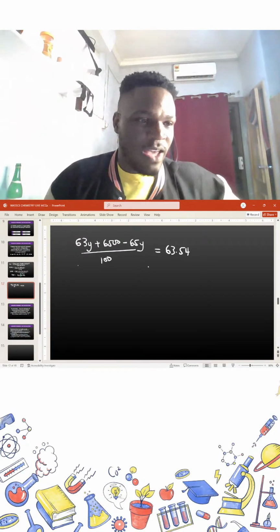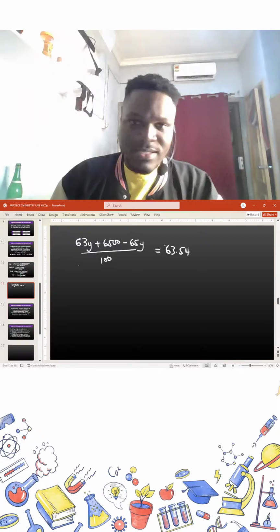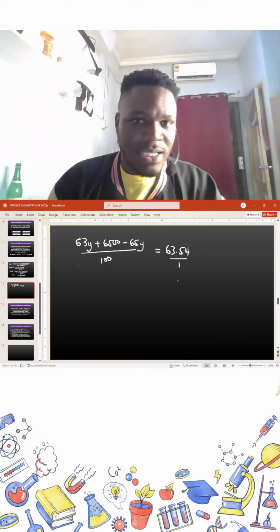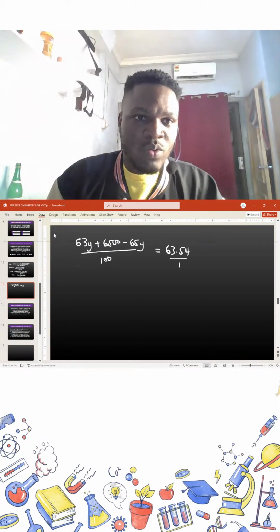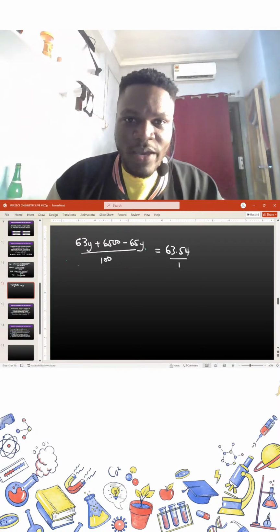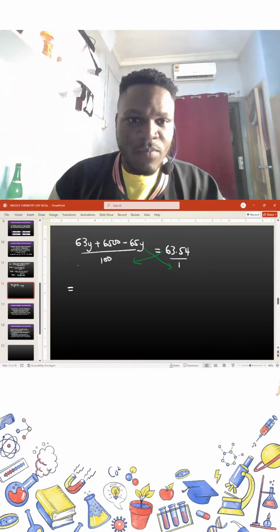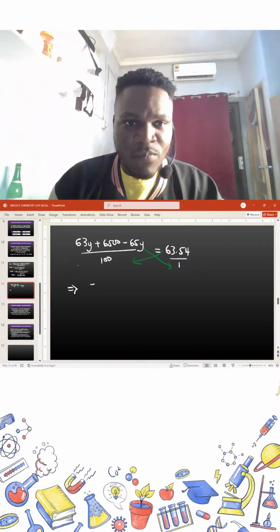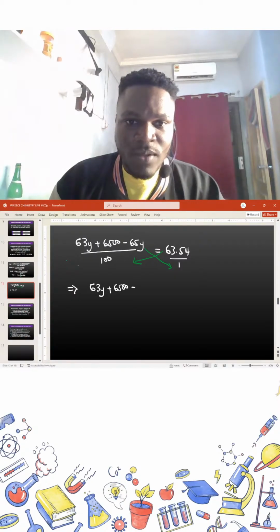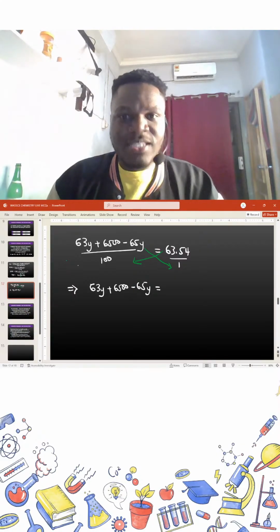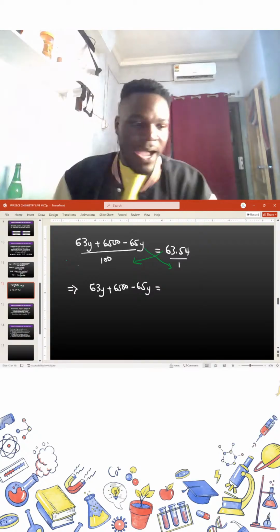Okay, so over here, what we do is just basic mathematics. This guy also has 1 as the denominator. So we will do our usual cross multiplication over here. This implies that we have 1 multiplied by everything at the top, which will give us 63Y plus 6,500 minus 65Y, and this will be equal to 63.54 multiplied by 100.